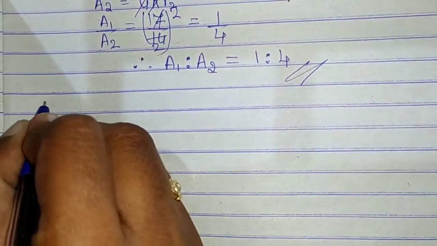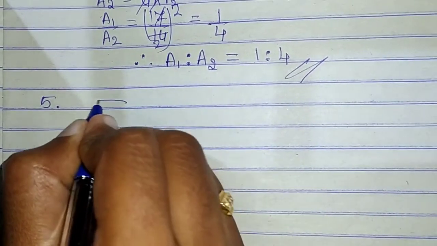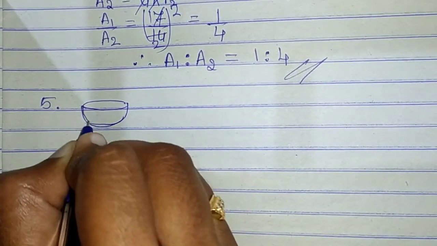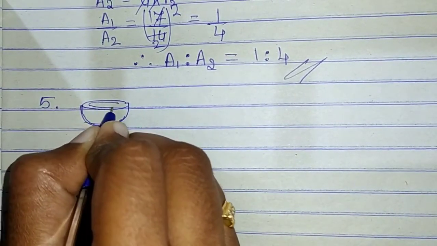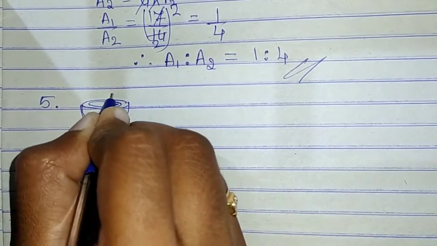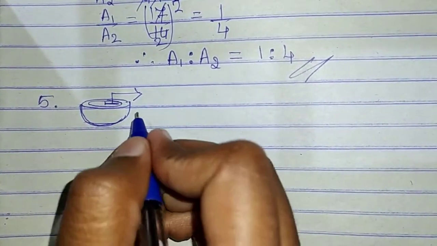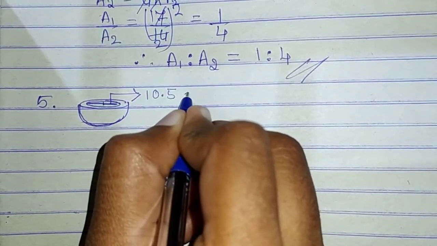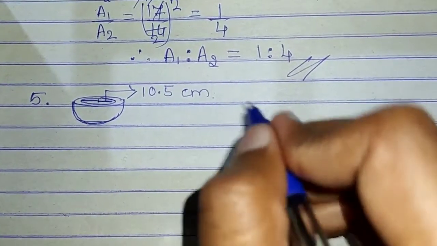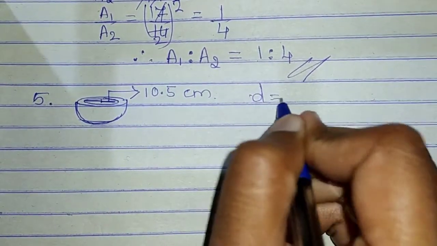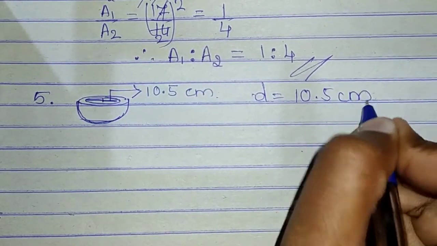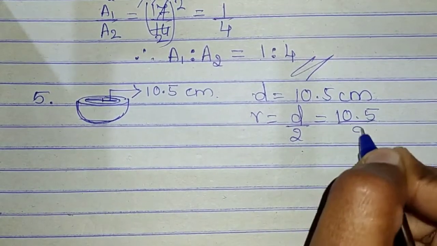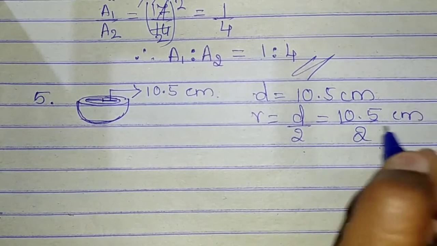In this question, they have given us a tin bowl in the form of a hemisphere, and its inner diameter is equal to 10.5 centimeters. So the radius is equal to d by 2, which is 10.5 by 2 centimeters.